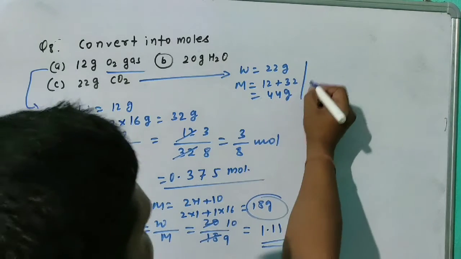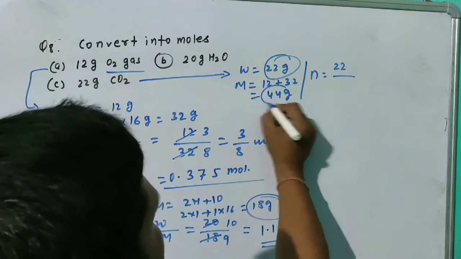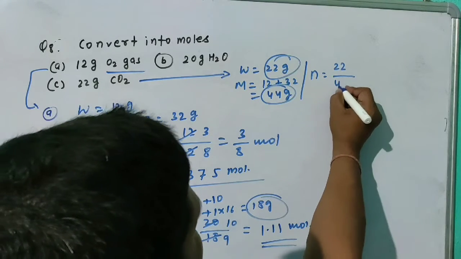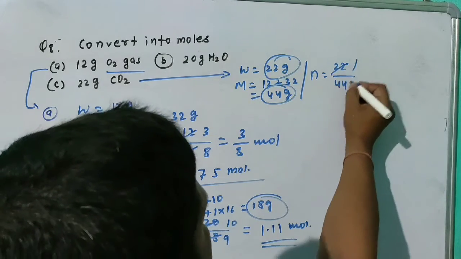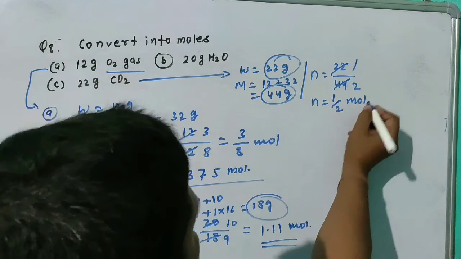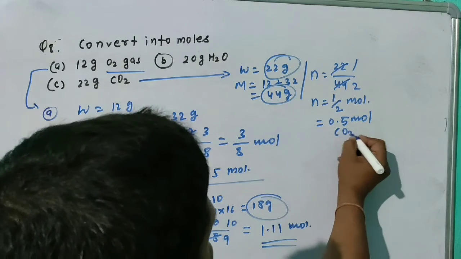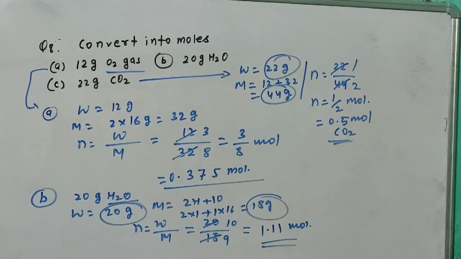So number of mole is equal to given mass 22 upon molecular mass 44, that is N is equal to half mole or 0.5 mole CO2. So in this way we have calculated moles of all these things.